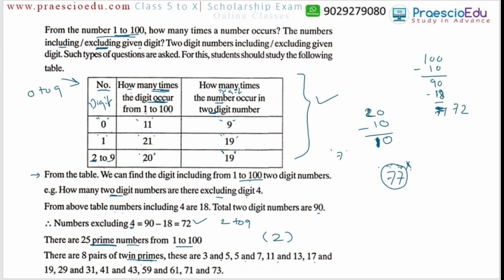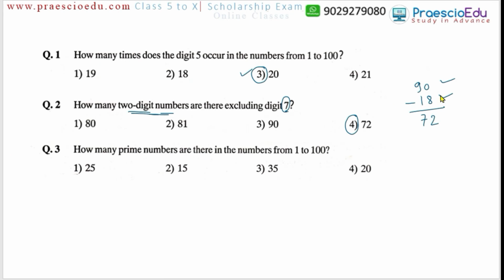So there are 18 such numbers which have the digit 7. So 90 minus 18 means 72 numbers.